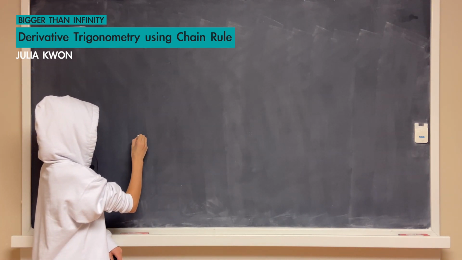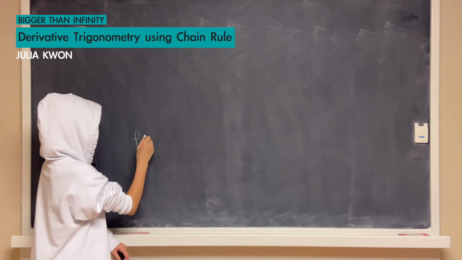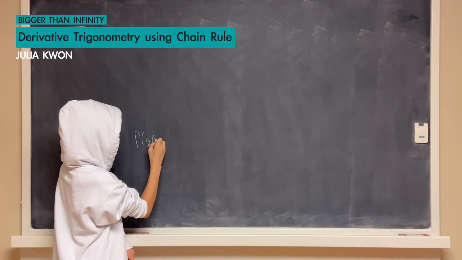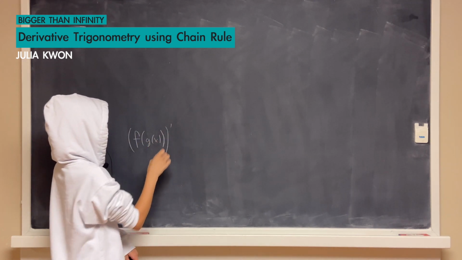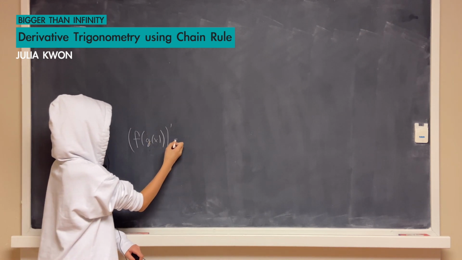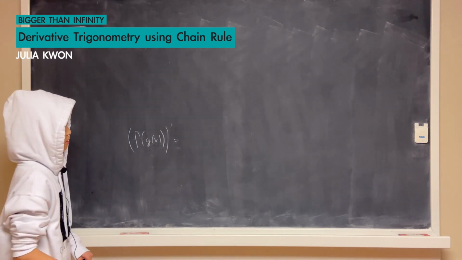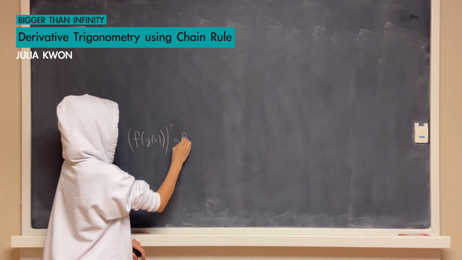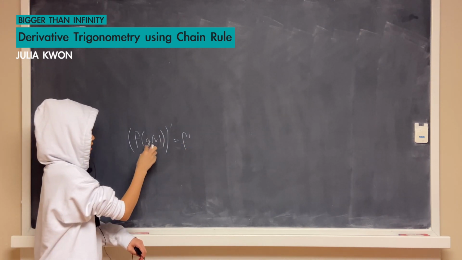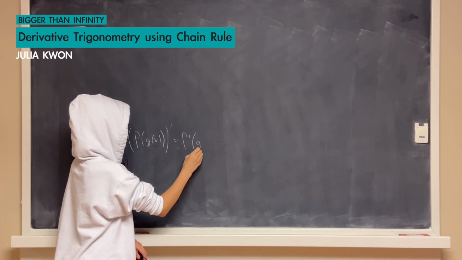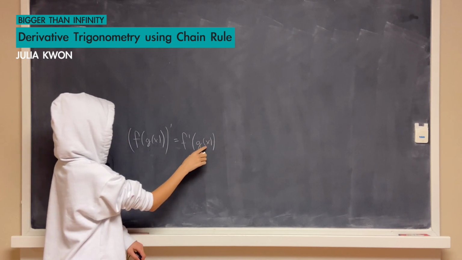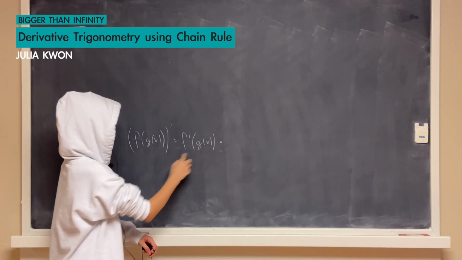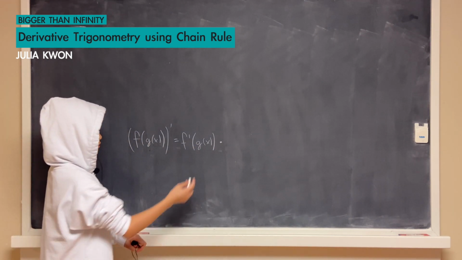So if we were trying to find the derivative of f of g of x, then what we would do is first take the derivative of the outside, which is the f, and just leave the inside, so just leave the g of x like it was before, and then multiply this by the derivative of the inside.